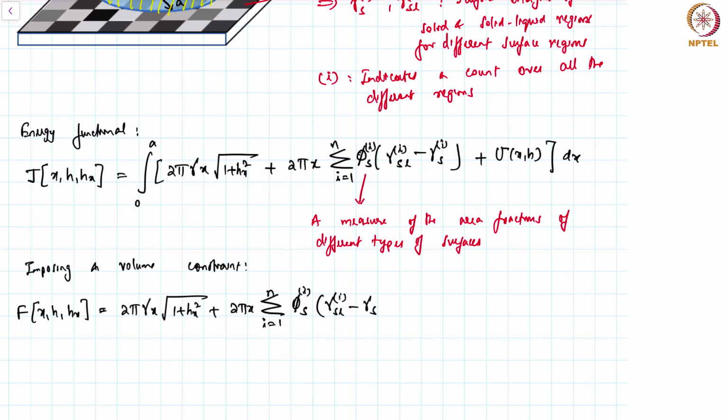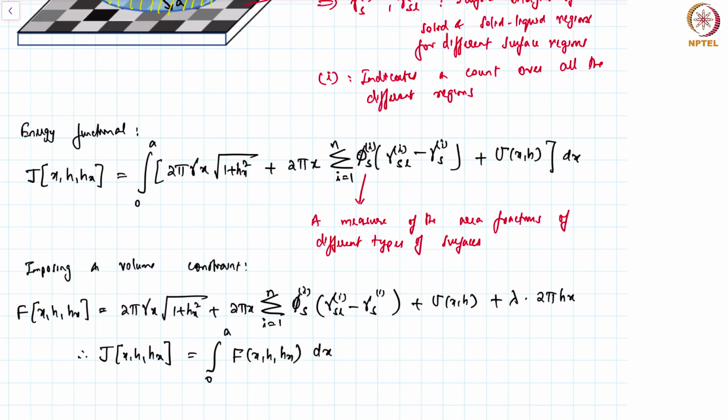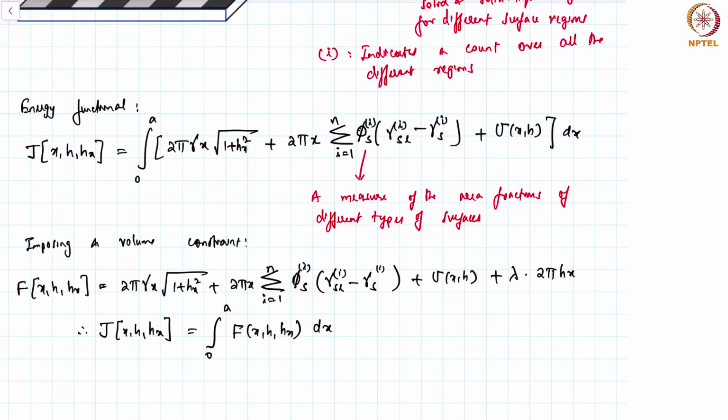This is, I'll just call it as gamma s plus u of x comma h. Now we have a Lagrange multiplier lambda times 2 pi hx. Therefore, the energy functional which has to be minimized is simply going to be from 0 to a f of hx dx, right? So this is the minimization problem.